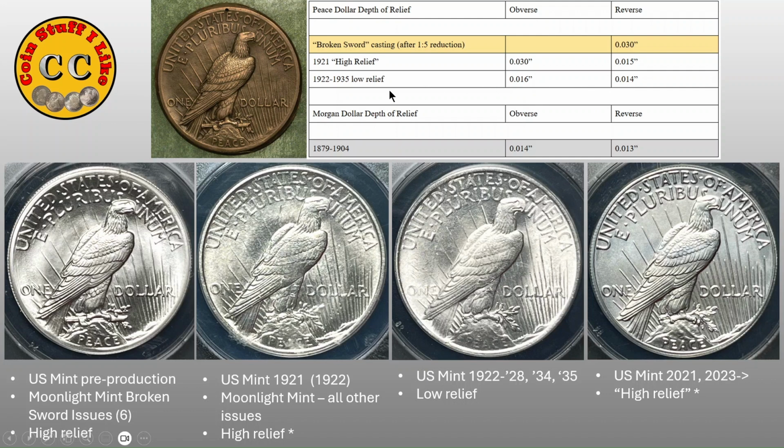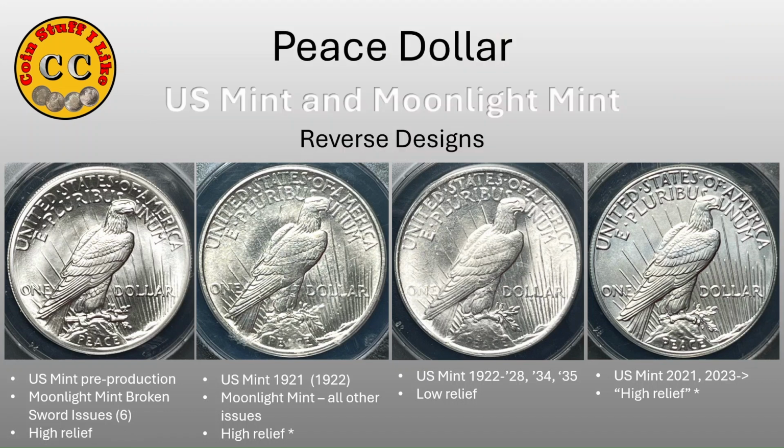Nevertheless, this low relief was still just a tad higher than the relief seen in the Morgan dollar production from 1879 to 1904.